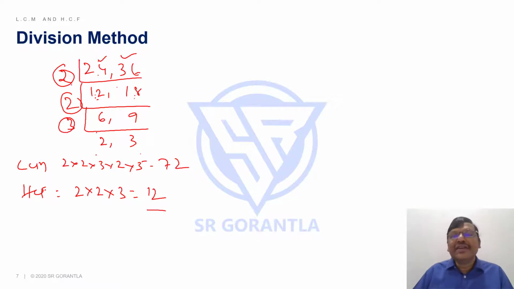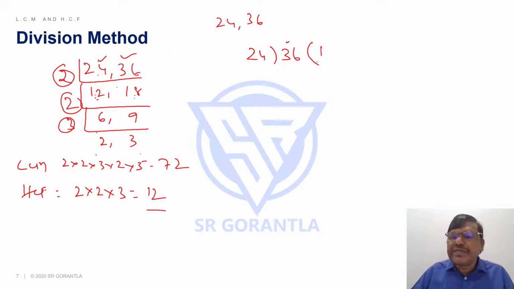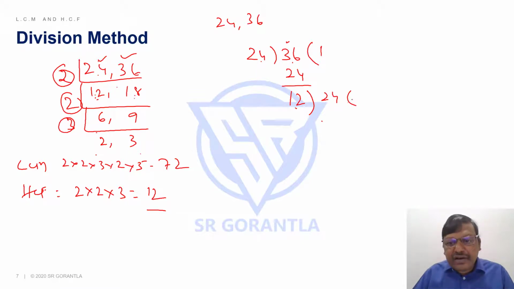If not, there is something called the long division method. What is long division method? If I take 24, 36, you take the larger of these two numbers, 36, and divide with the smaller number. How many times does it go? 1 time, 24. What is the remainder? 12. Students, with this remainder, divide 24. 12 2s are 24, remainder is 0.